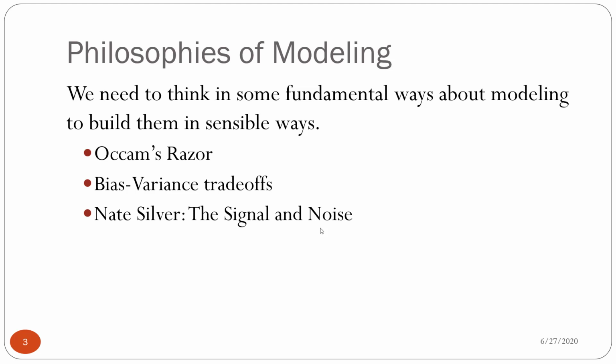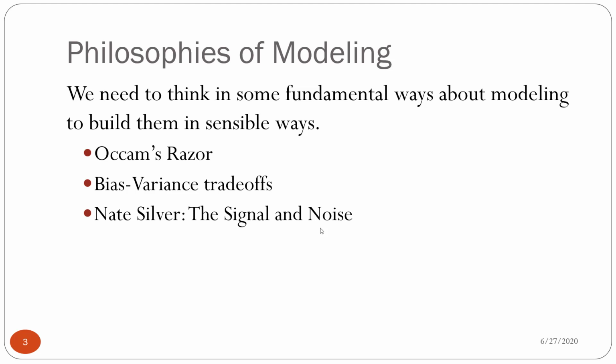There are three important philosophies which we will look at. Occam's razor is a very interesting and popular philosophy in picking the model. Then we have the bias and variance trade-off philosophy.